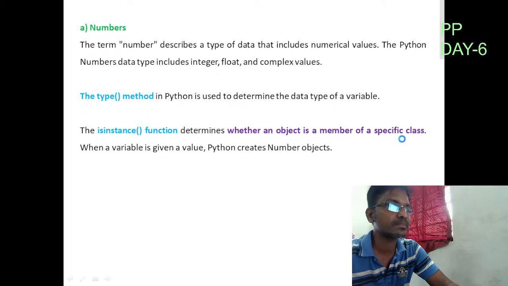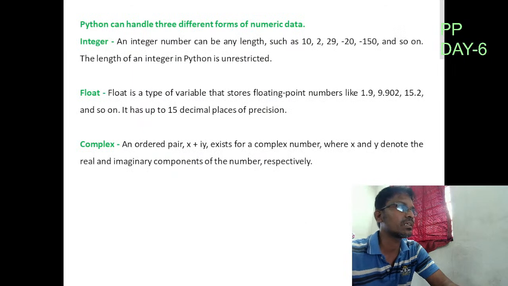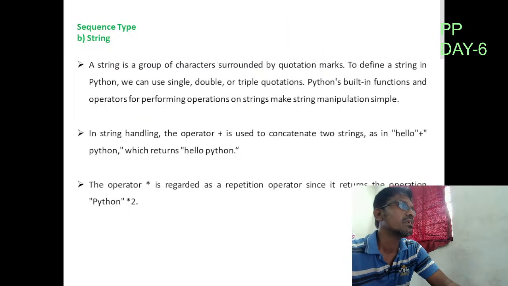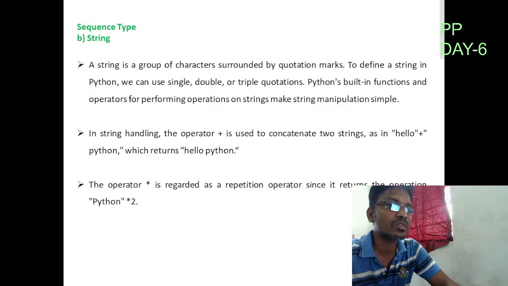So that is about numbers, and I said that a number can be classified into integer, float, and complex numbers. Now coming to the next one, the string data type. The string data type, string literal, or string object comes under sequential data types.